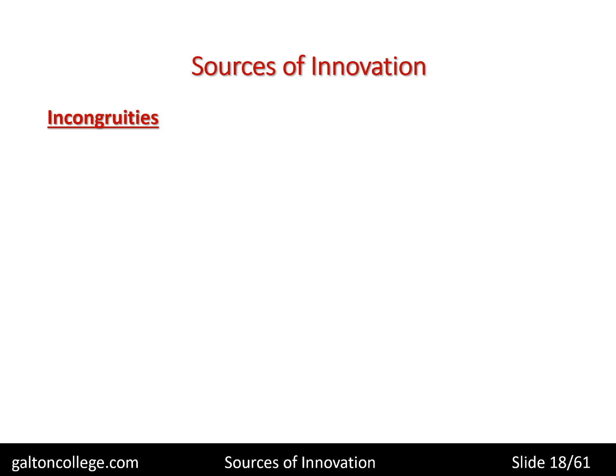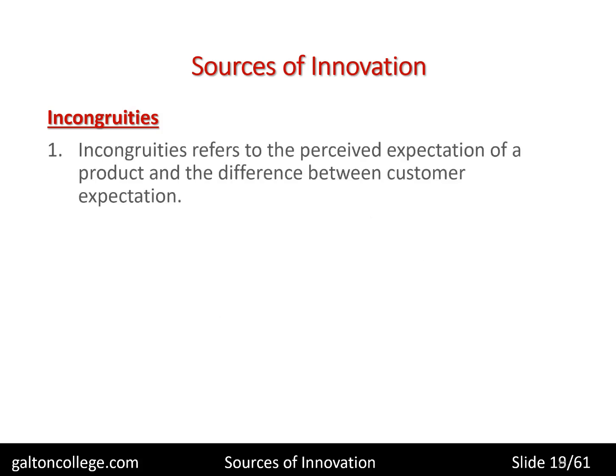Now, incongruities. Well, incongruities refer to the perceived expectation of a product and the differences between customer expectations. Sometimes companies come up with an idea and think this product is going to be very successful. This product we're planning is going to be very successful and we're going to launch it onto the market.